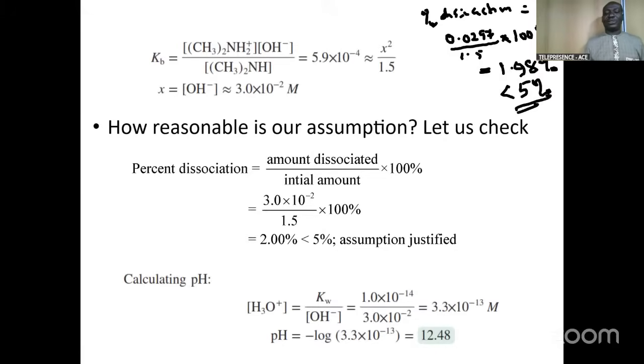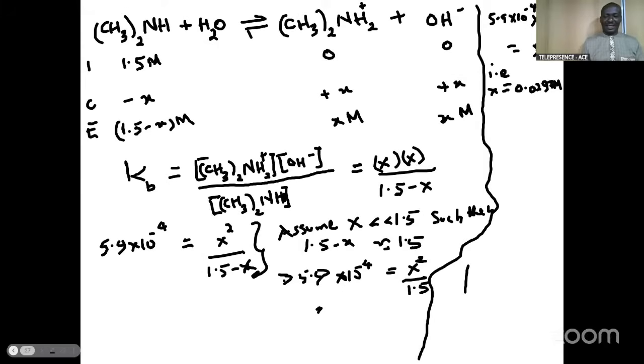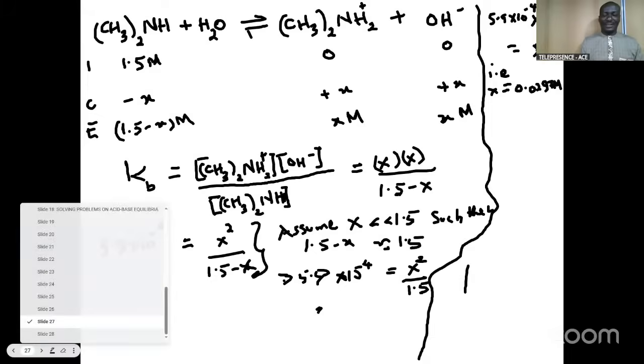The next thing to do is to calculate the pH as we are asked to determine. Now, what we have been able to do here, if you flip back to the previous slide, is that OH is equal to X molar, and X is equal to 0.0297 molar. So OH is equal to 0.0297. Don't forget what we're asked to determine is pH. Now, to do that, you can calculate pOH or you calculate hydrogen ion concentration.